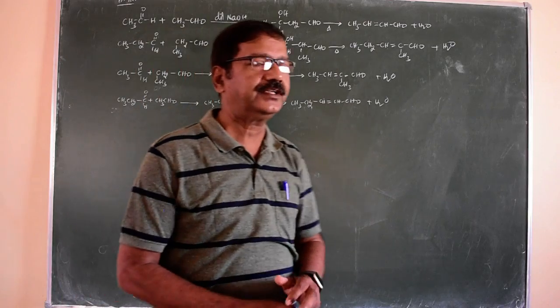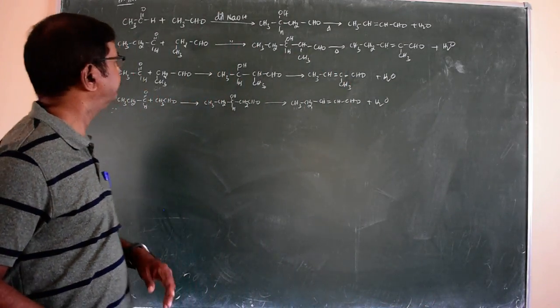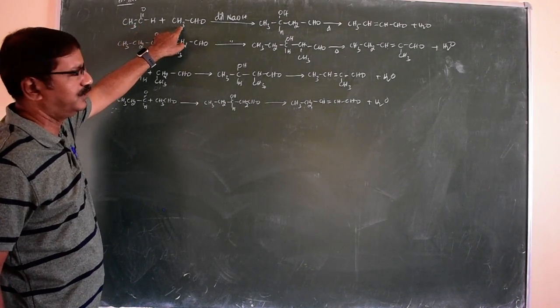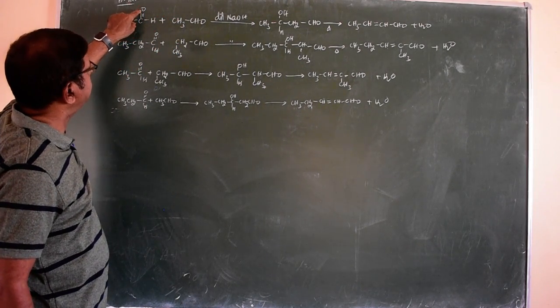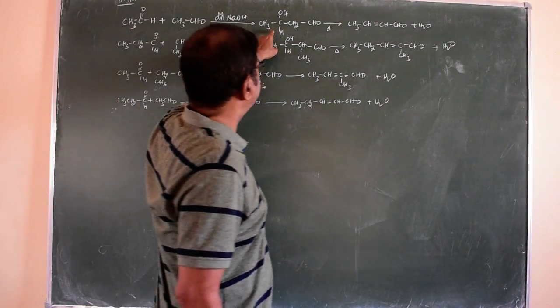We know in aldol condensation there must be an alpha hydrogen atom. Here we have 3 alpha hydrogen atoms. One hydrogen atom attaches to the oxygen, then the carbon links to this, so you are getting this product.